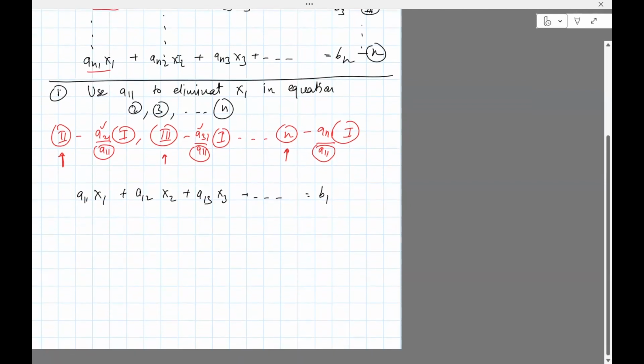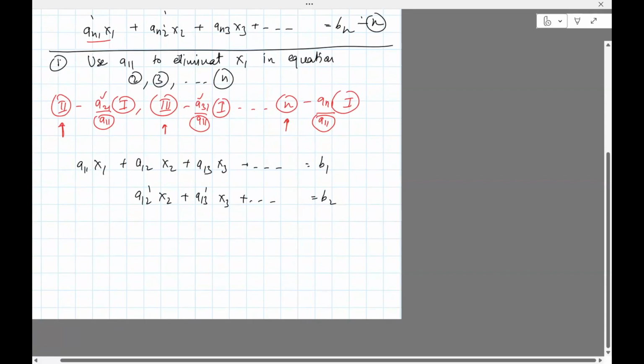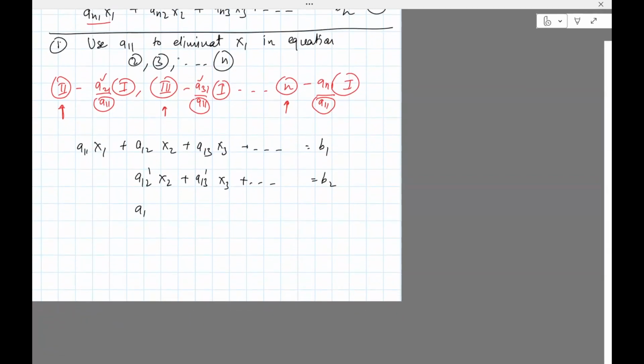The second equation will not have any x1 because we eliminated it. So I'll call that a12 prime x2 plus a13 prime x3 plus so on equals b2. This should be a22. Sorry, this is a23.